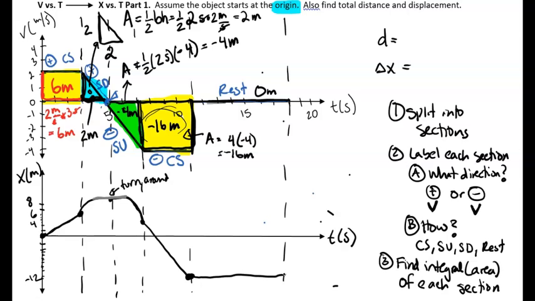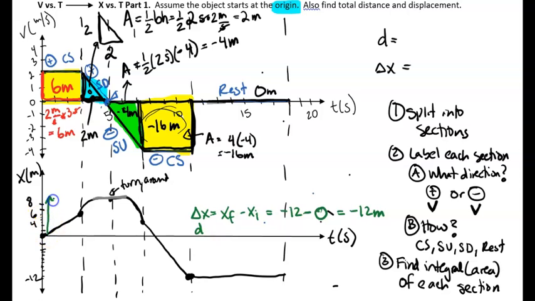So the last little thing is the problem asks us to find the total distance and displacement. We could do it using both the position versus time and the velocity versus time graphs. I'll look at the position versus time one real quick. My displacement is my final position minus my initial. My final position is negative 12, my initial is 0, and so I'm left with negative 12 meters. Perfect. For my distance, I just have to do some good old counting.